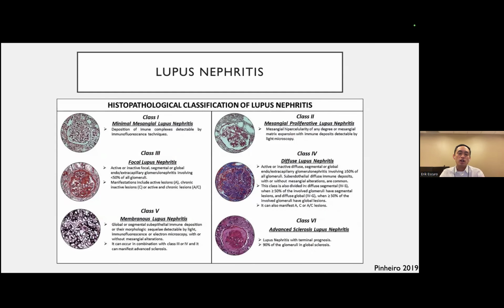Lupus nephritis is something that can frequently lead to complications in our lupus patients. Unfortunately, it can lead to patients needing to be on dialysis long term and needing a kidney transplant. But this is one of those cases where we're talking about biopsy proven disease, where there's not much second guessing ourselves at this point.